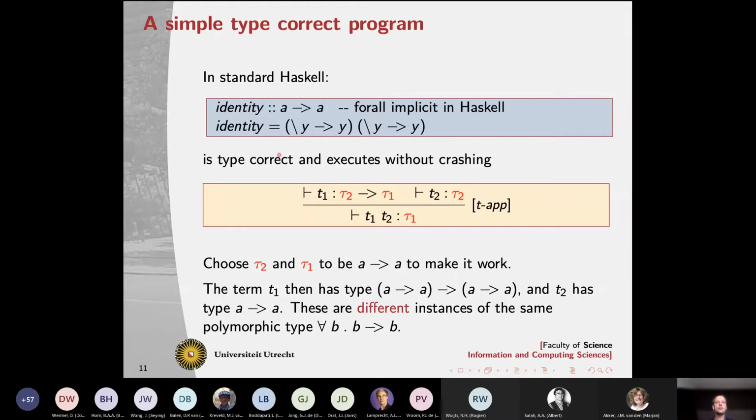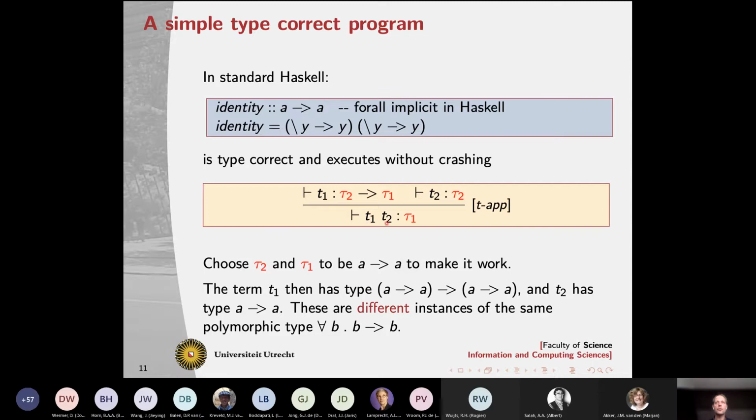So this program is type correct. It has the type A to A. Actually, it has the type for all A, A to A, but we always omit the for all in these types. And it will execute without crashing. How can you tell? Well, you can, for example, look at the application of this function lambda y to y to this other function lambda y to y.